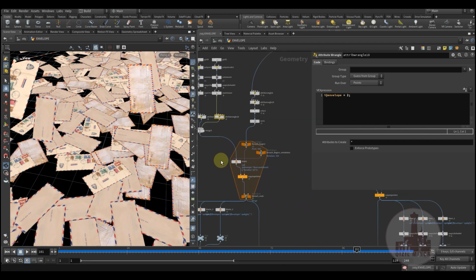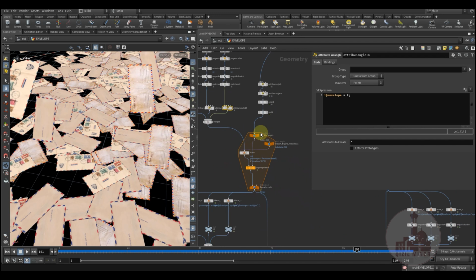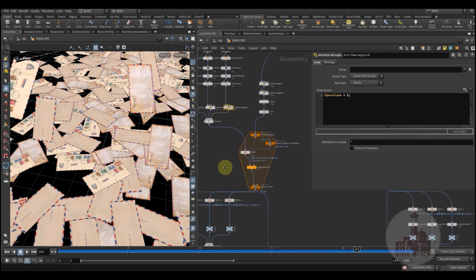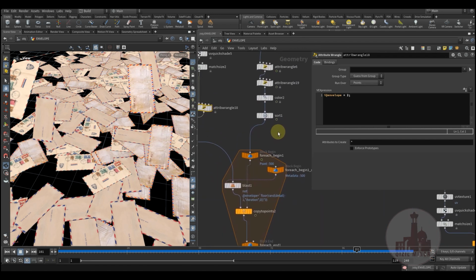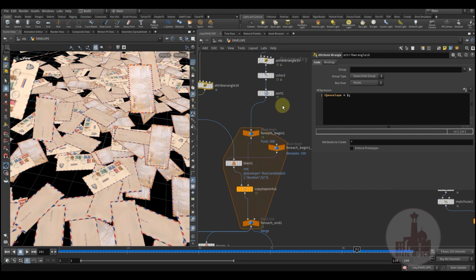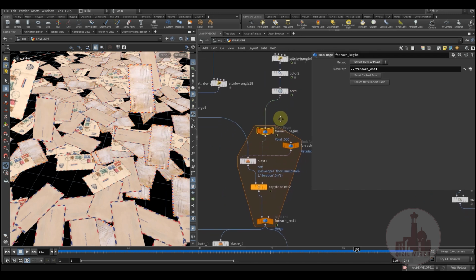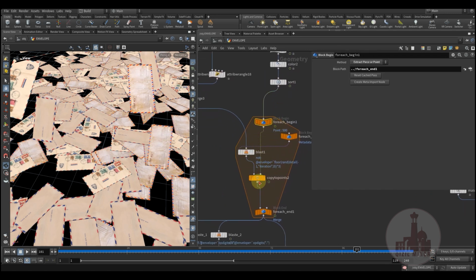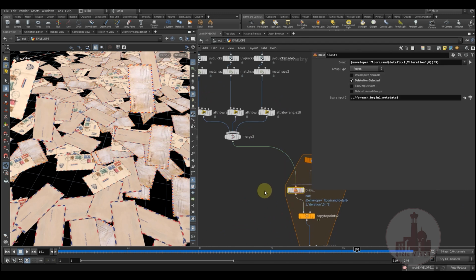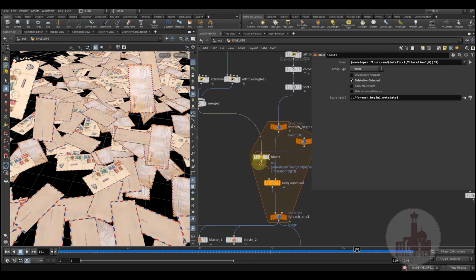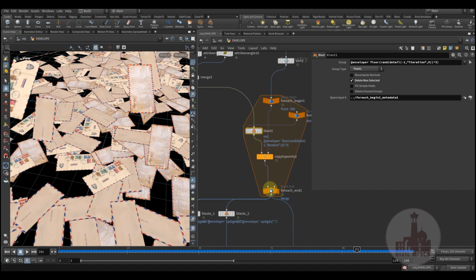Okay, and in this for-each cycle, in this case I'm using for each point. I'm copying one of the envelopes to the point randomly.